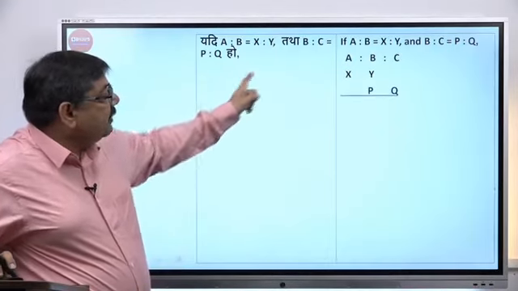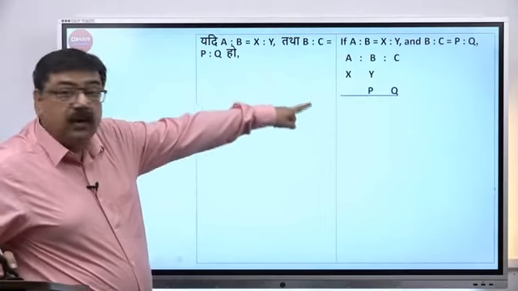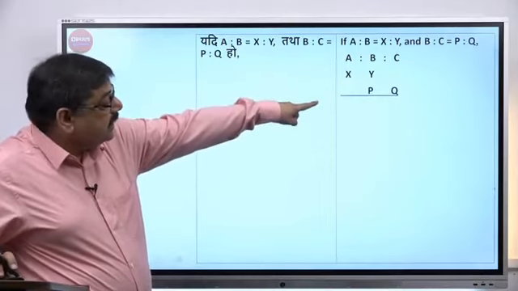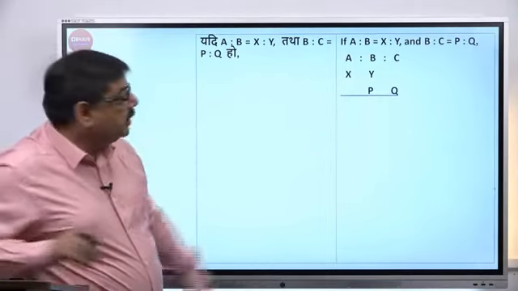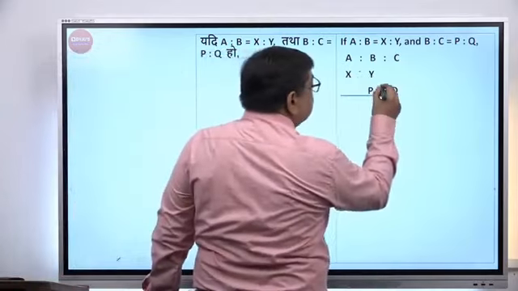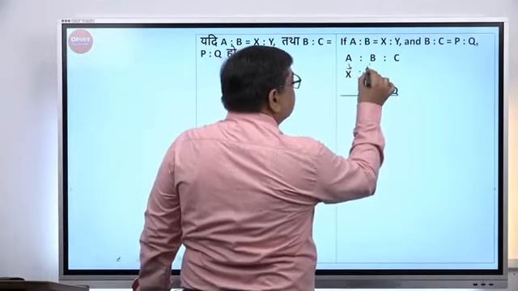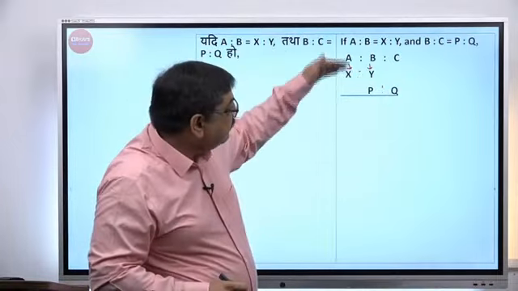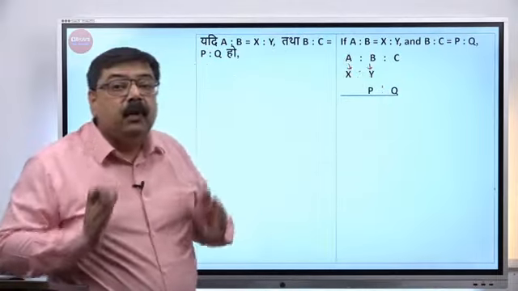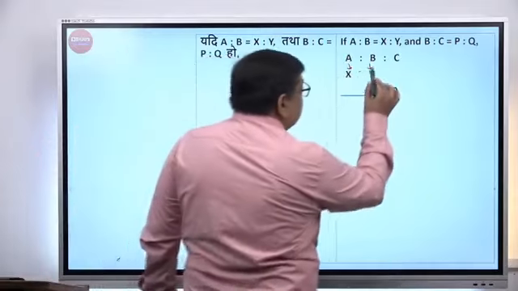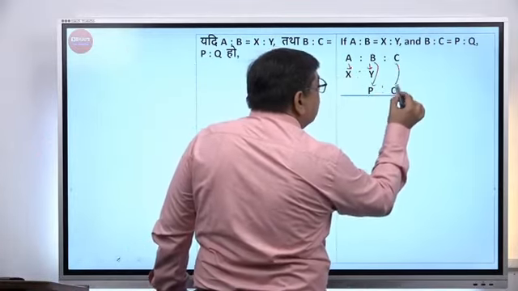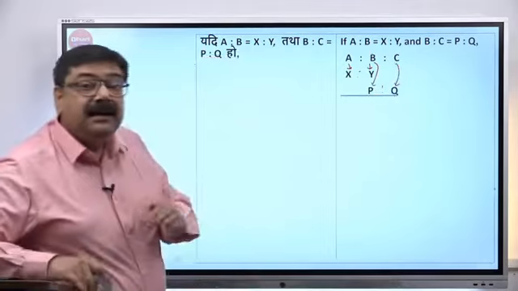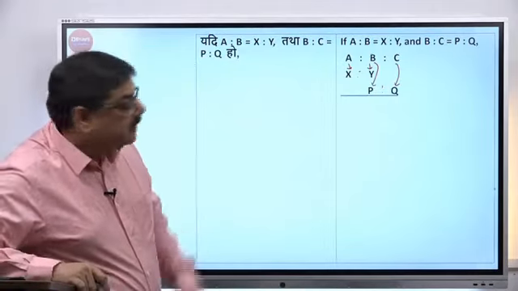A सही B यहां पर अगर आप देखेंगे तो वो X सही Y है, B is to C is P is to Q. So जब आप ये देख रहे हैं, when you watch this, you see that the ratio points of A and B are written just below them. Now similarly, the ratio points of B and C are written just below them.